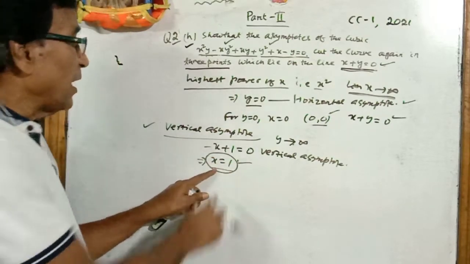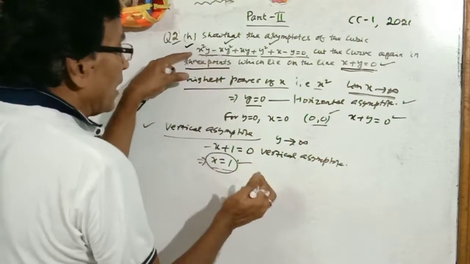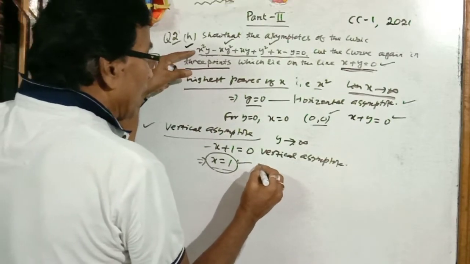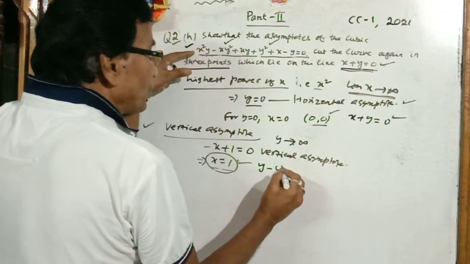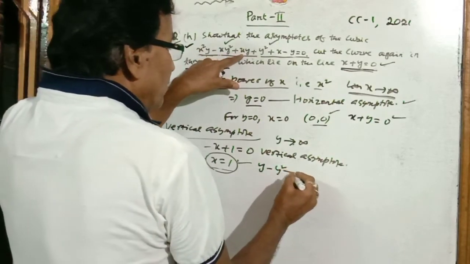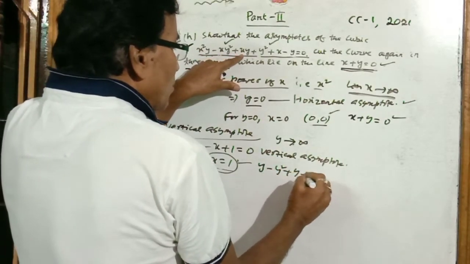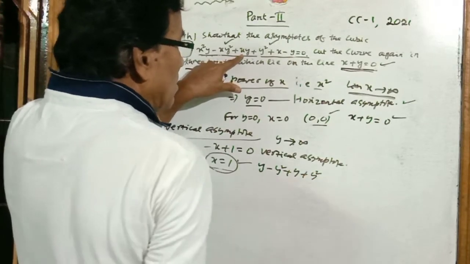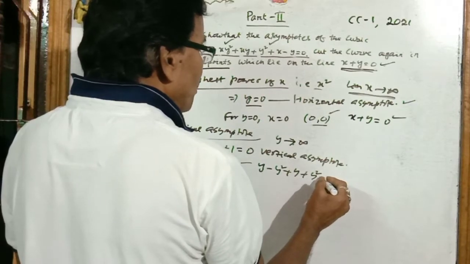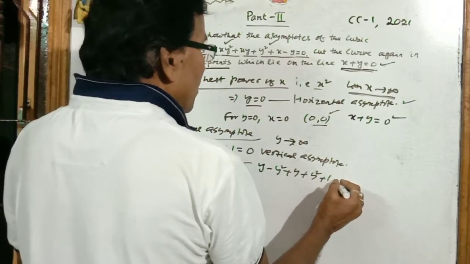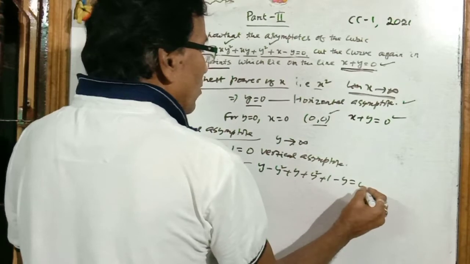So here you see, for x is equal to 1, how much are you getting here? For x is equal to 1, you are getting y minus y square plus y square plus 1 minus y is equal to 0.